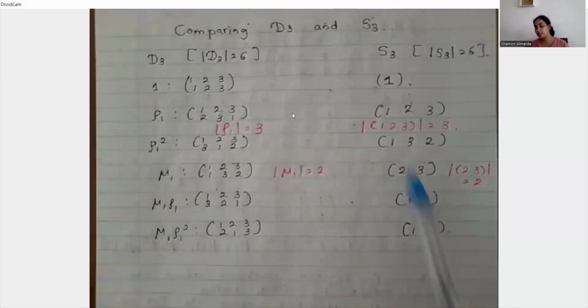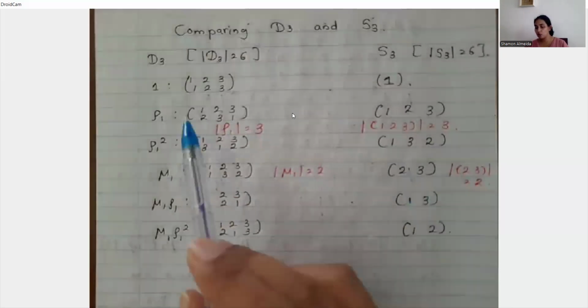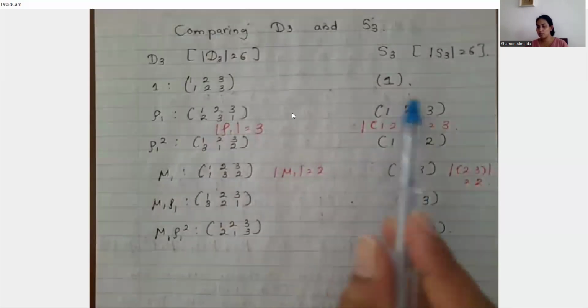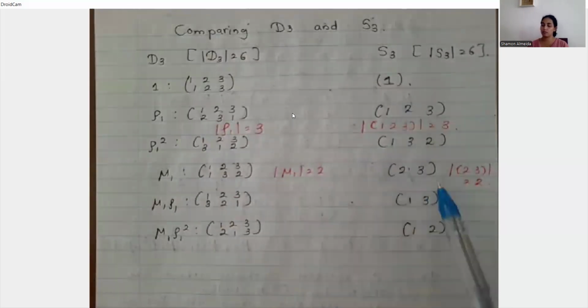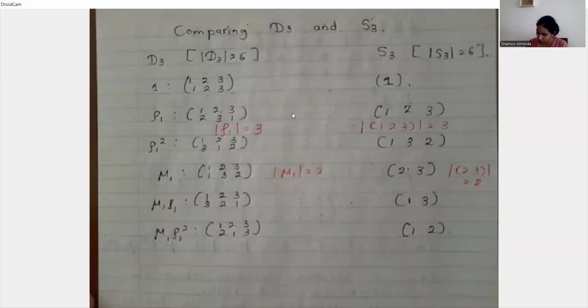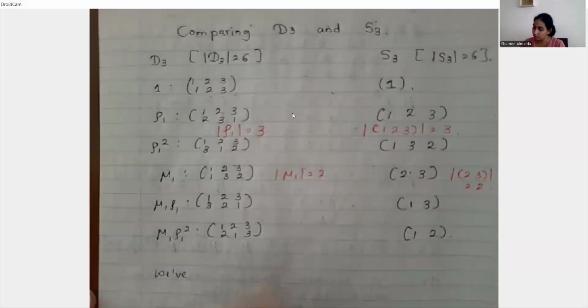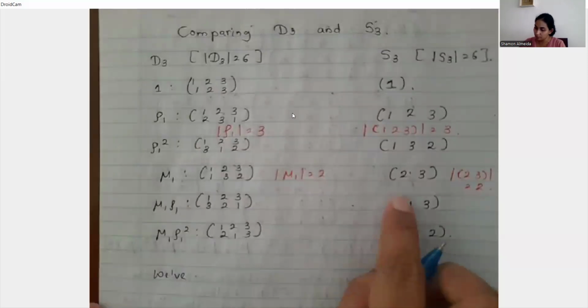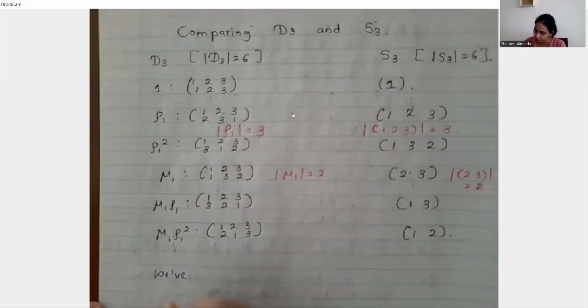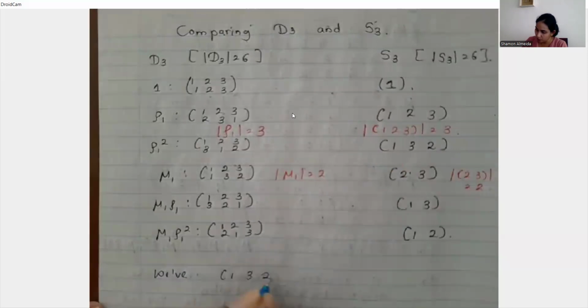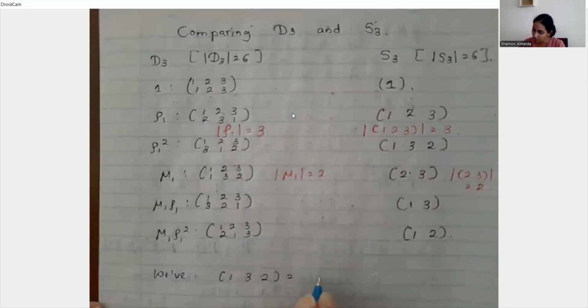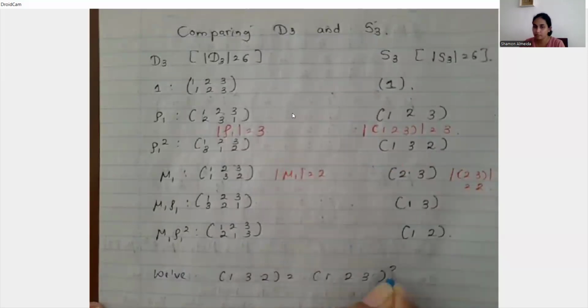Now, if you look at these elements, we understand row 1 has a correspondence to this cycle, mu1 to this one. Now observe, I can write 1, 3, 2 as 1, 2, 3 squared.